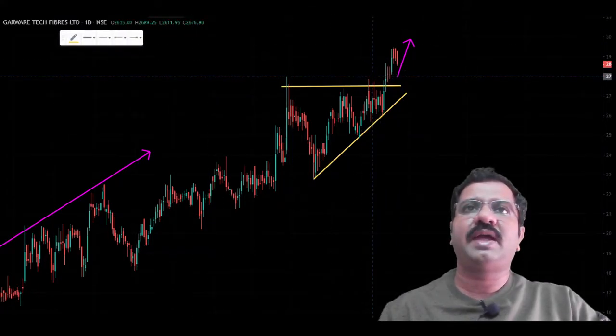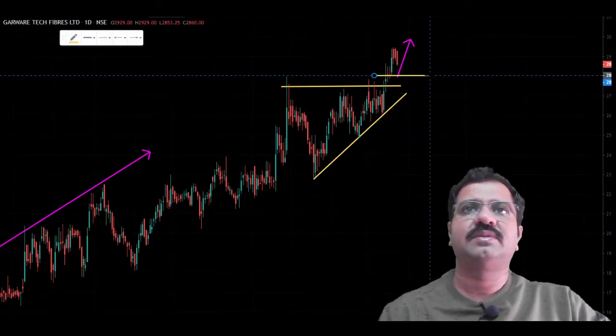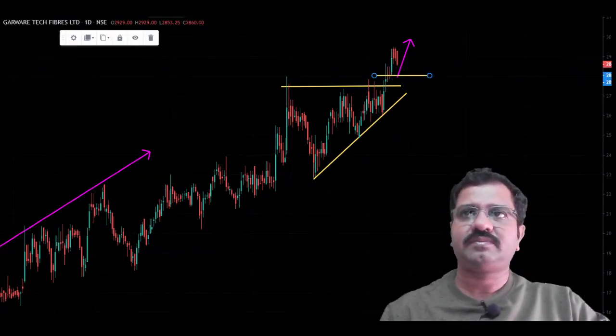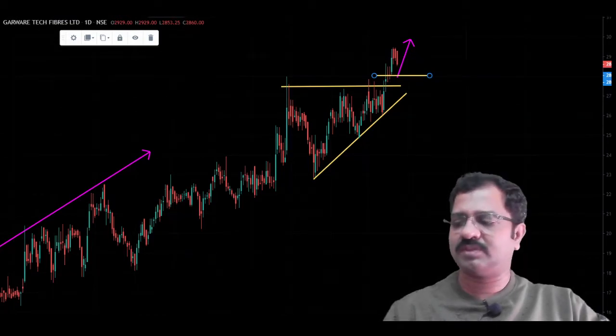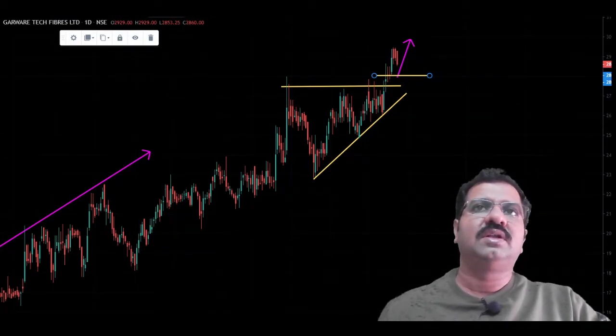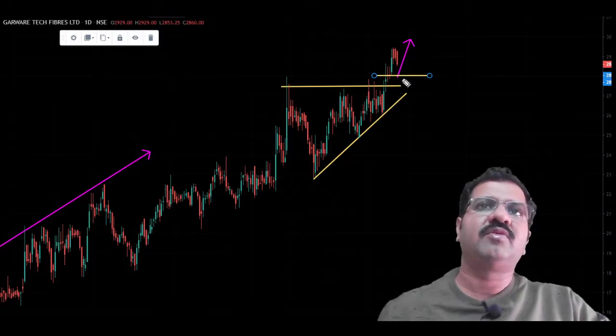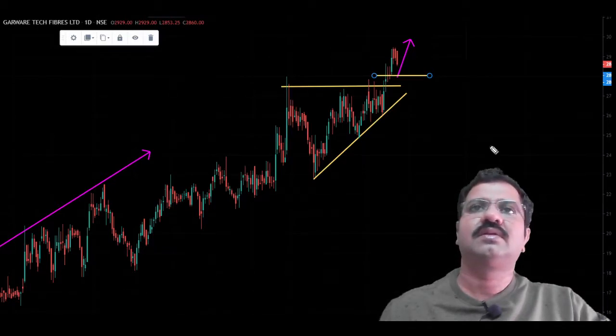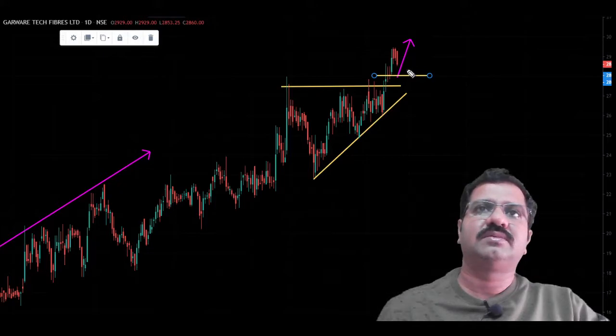So your buy entry will be here. Immediately once you see that price has broken this resistance level and is moving up, you have to buy at this level.